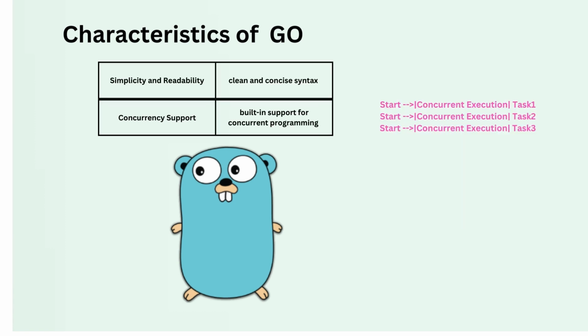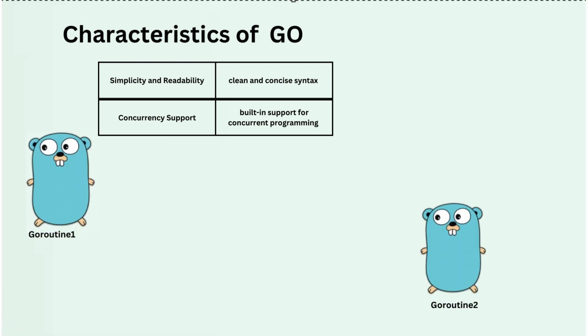The next characteristic of Go is concurrency support. Concurrency means multiple computations are happening at the same time. Imagine a program initiating task 1, task 2, and task 3. The processing of task 1, task 2, and task 3 will occur simultaneously, and each task will complete based on its individual job completion.